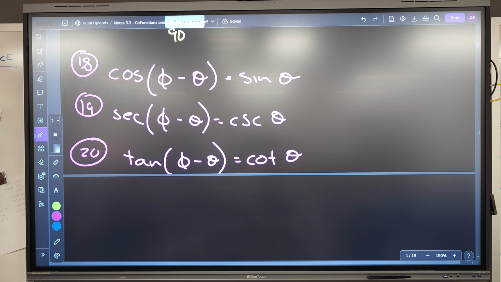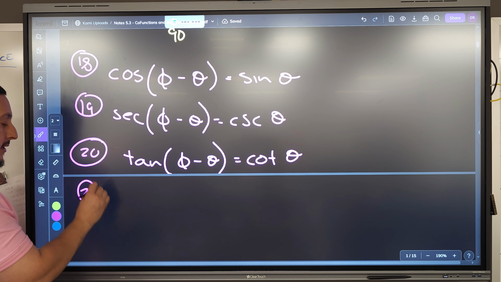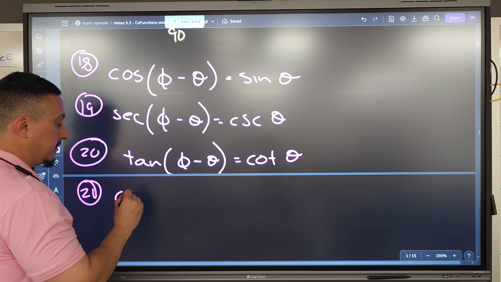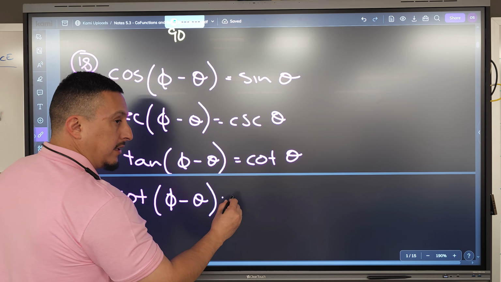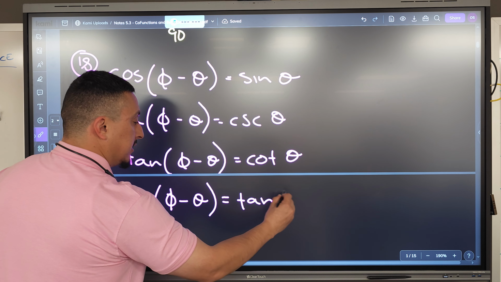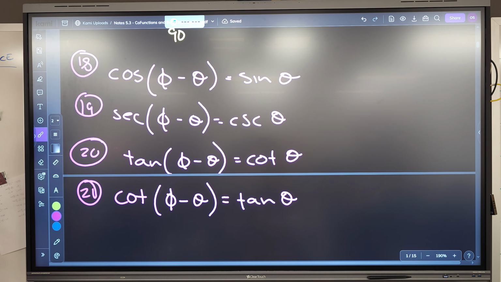The important thing here is understanding this connects tangent with cotangent. This connects secant with cosecant. And then 21, this is the last one of these. We have cotangent sigma minus theta equals tangent theta. Okay, so there's our cofunctions.